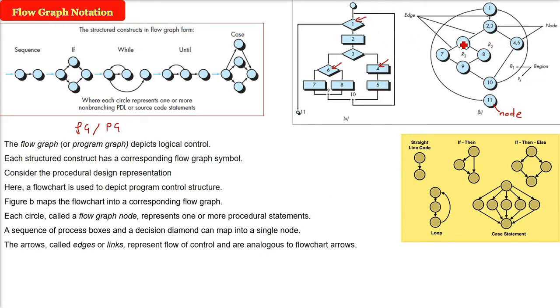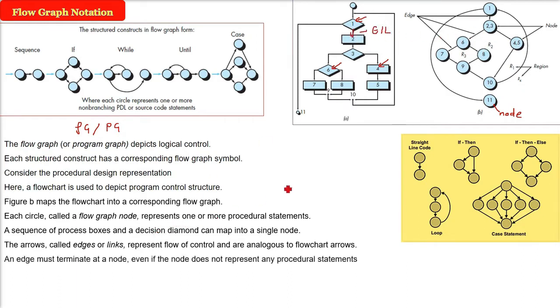The arrows are called edges or links, and they represent the flow of control, similar to what you see in the flow chart. Every edge, this is very important, must terminate at a node, even if the node does not represent any procedural statement. A statement is a simple instruction in the programming language which you are going to convert.